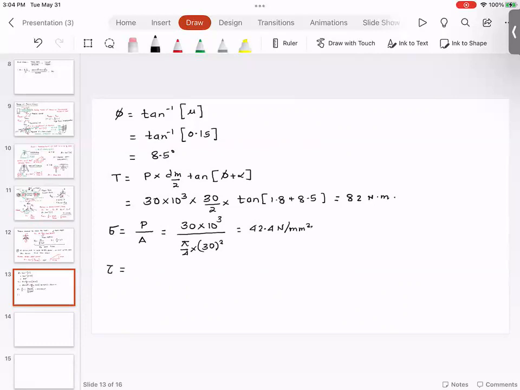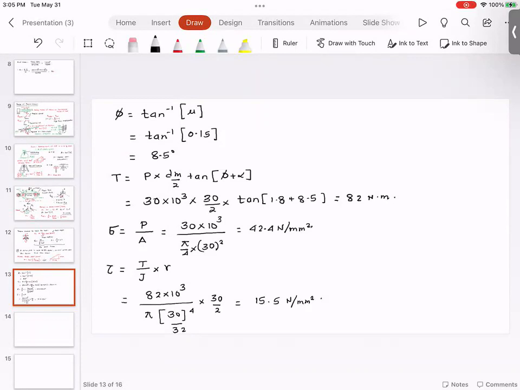Tau is given as T divided by J multiplied by R. T is 82 times 10 to the power 3. J is pi d raised to 4 by 32, multiplied by 30 divided by 2. That gives me 15.5 Newton per millimeter square.